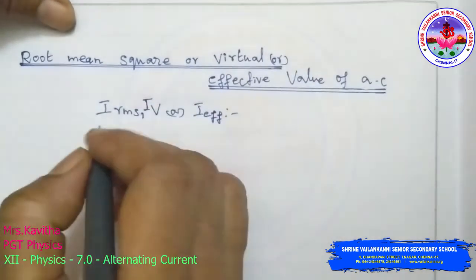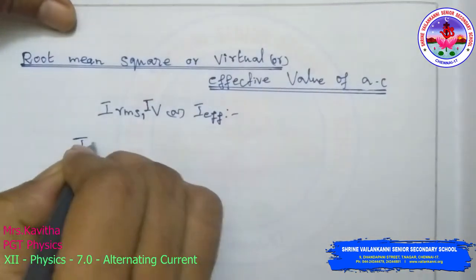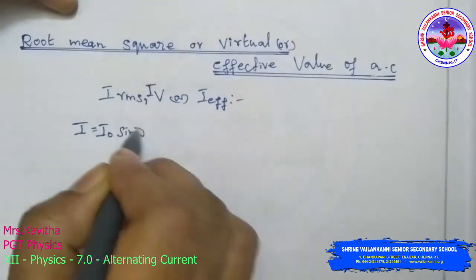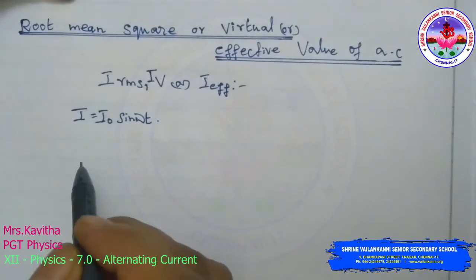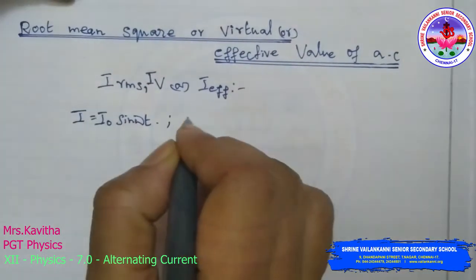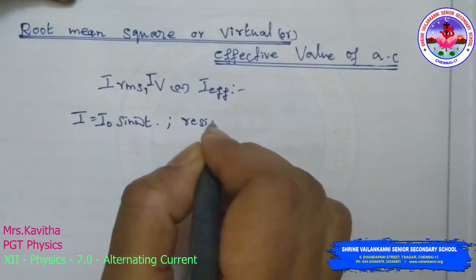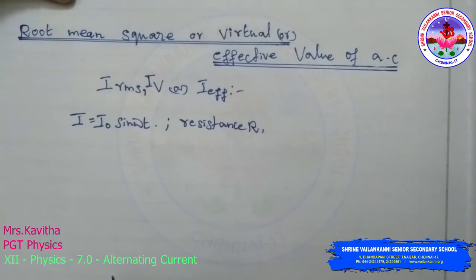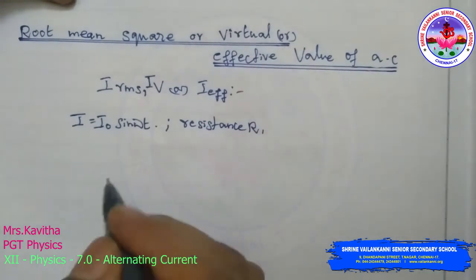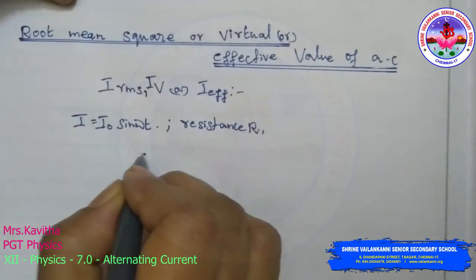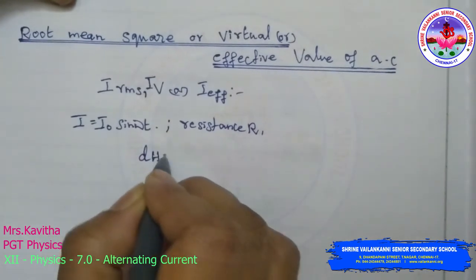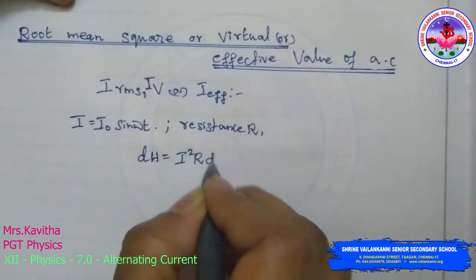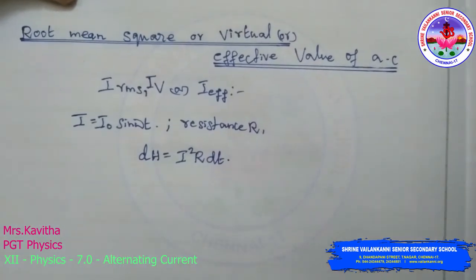Suppose an alternating current I equal to I naught sin omega t is passed through a circuit of resistance R. Then the amount of heat produced in a small time is dH, which is equal to I square R dt.